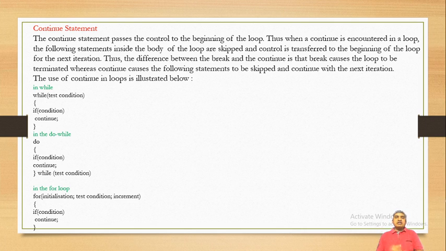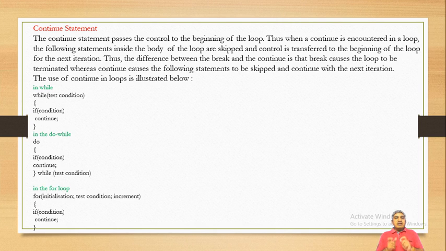The continue statement passes the control to the beginning of the loop. Thus, when a continue is encountered in a loop, the following statements inside the body of the loop are skipped and control is transferred to the beginning of the loop for the next iteration.